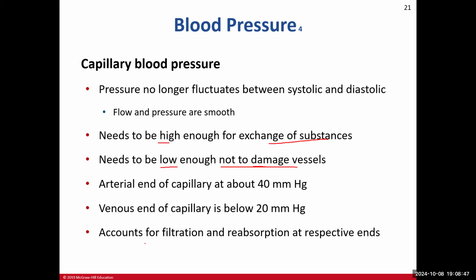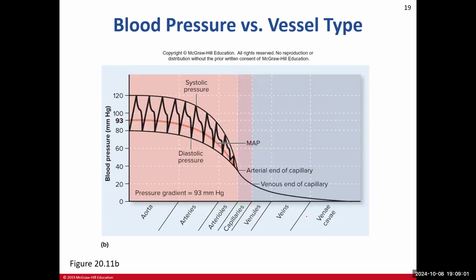So when we're at the arterial end of our capillary, we'll see about a 40 millimeter of mercury pressure. By the time we get towards the end of the capillary near the venous end, we'll see 20 millimeters of mercury. That's what we're seeing here. It's about 40 over here at the arterial end. And then by the time we're at the venous end, it falls to 20.